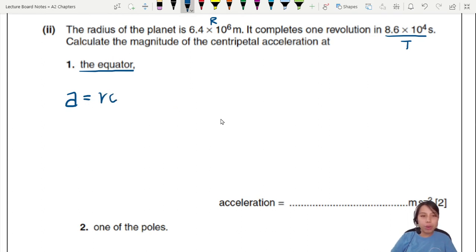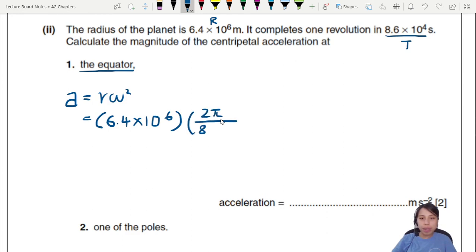So a equals r omega squared. Start off by writing the equation, then write your values here. So this is 6.4 times 10 to the 6 meters. Omega is 2 pi over T, so 2 pi over the time, 8.6 times 10 to the 4, squared.